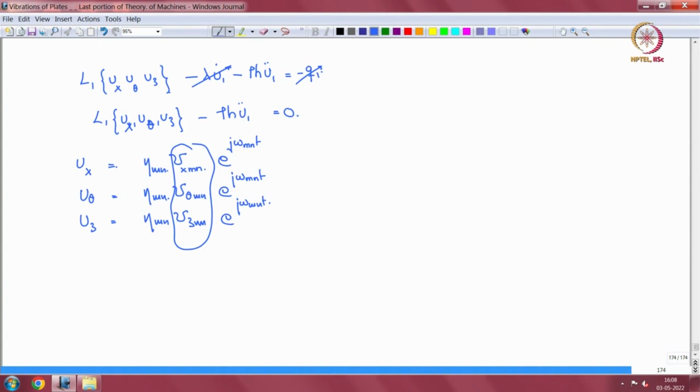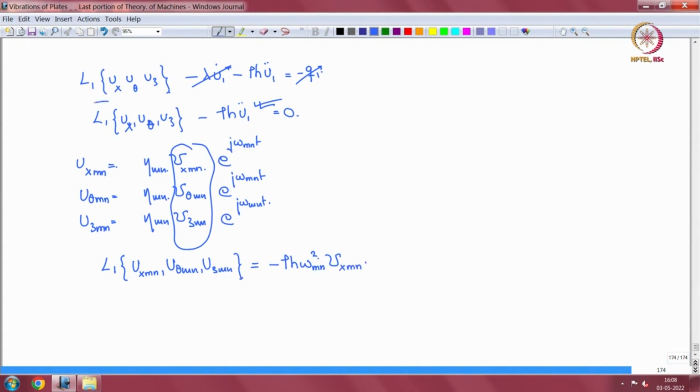Okay. Then what I will get for this case is L1 of Ux. Well, let me give an index here, mn. So Ux mn comma U theta mn comma U3 mn will become equal to minus rho h omega mn squared Ux mn.